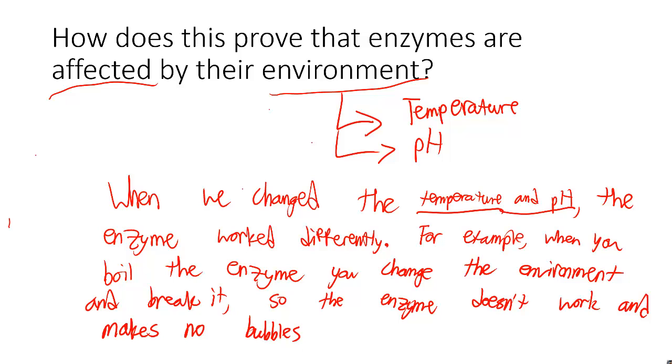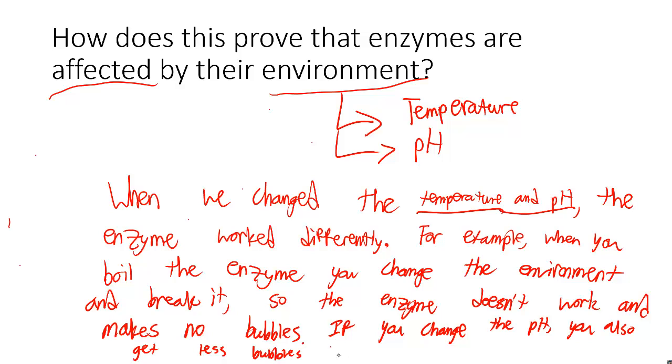And for the pH one, if you change the pH, you also get less bubbles, because the environment is affecting the enzyme.